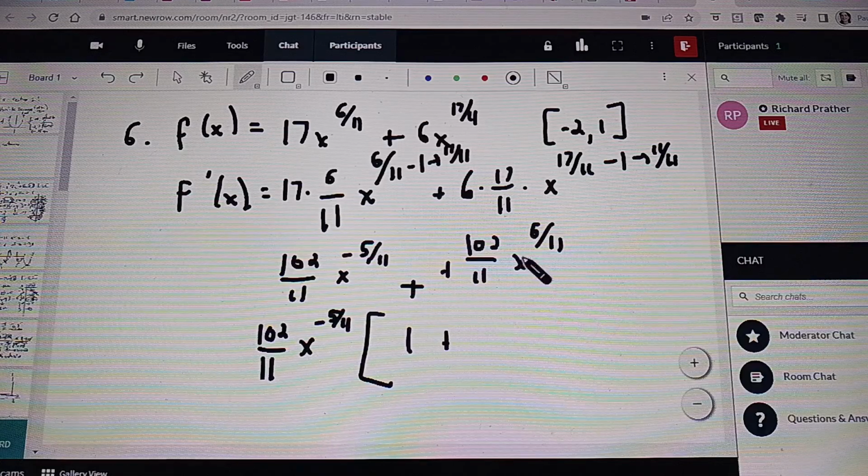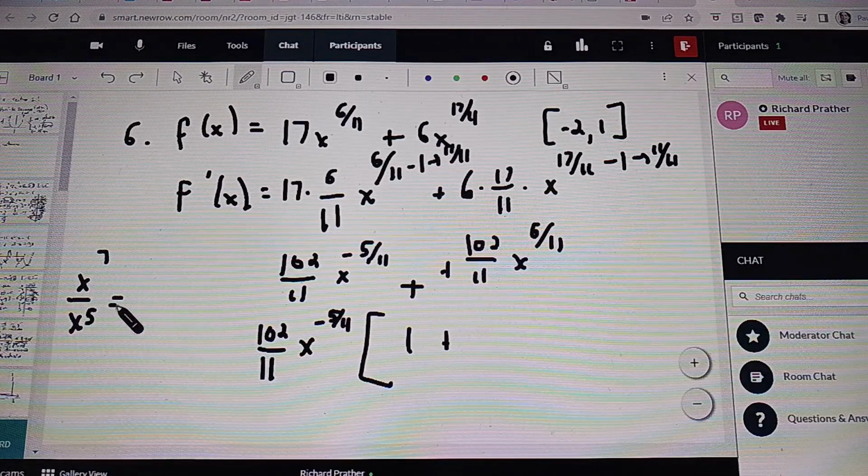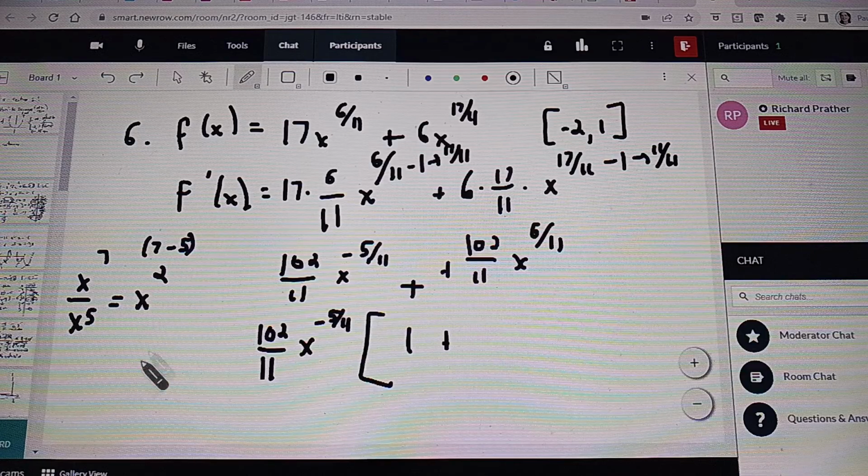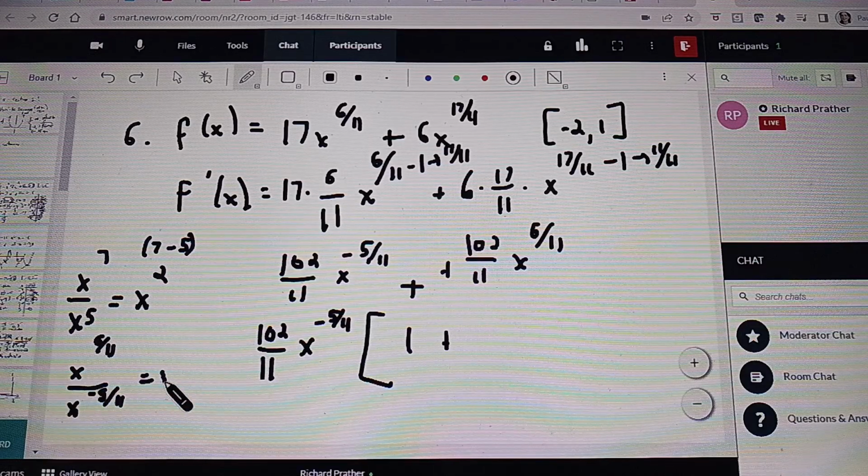But when you do x to the 6/11 divided by x to the -5/11, there's a rule of exponents for that. x to the 7th divided by x to the 5th, that's when you subtract the exponents and get x to the 2nd. Literally 7 minus 5. So if you do x to the 6/11 divided by x to the -5/11, you're going to get x to the 6/11 minus a negative 5/11.